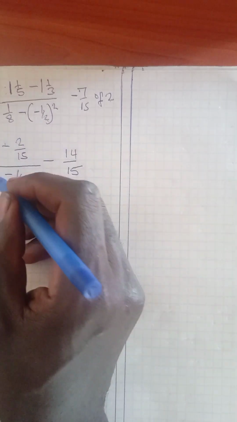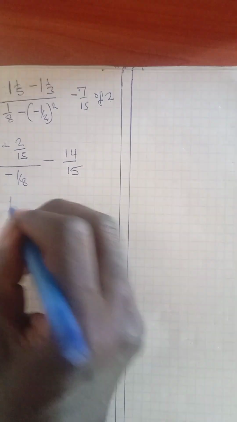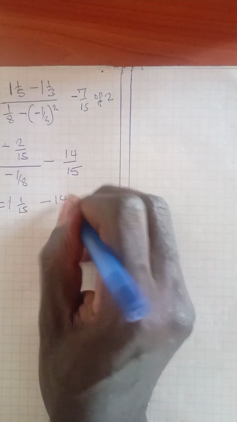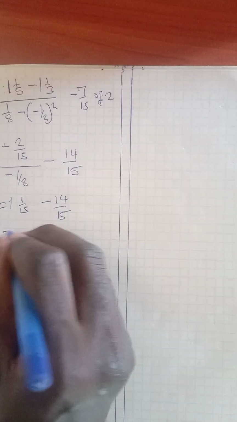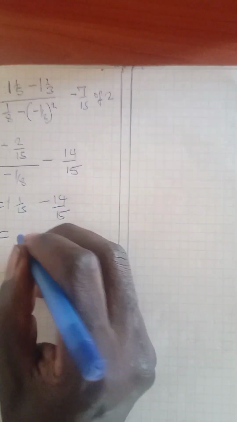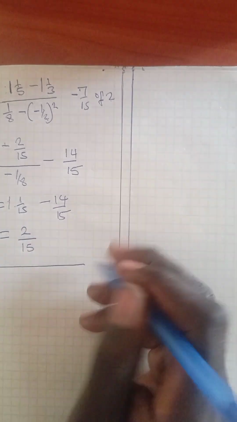Now, solving this part, this negative and this negative go, so we shall have a positive answer. We shall have 1 and 1 over 15 minus 14 over 15. Now, if you subtract this from that, you should be able to get 2 over 15.